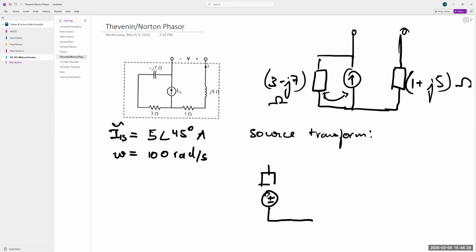Now you don't need to place the box at the top or the bottom. The box is still going to have the same impedance, 3 minus J7. We had another box over here that had 1 plus J5 ohms. Our terminals are over here.